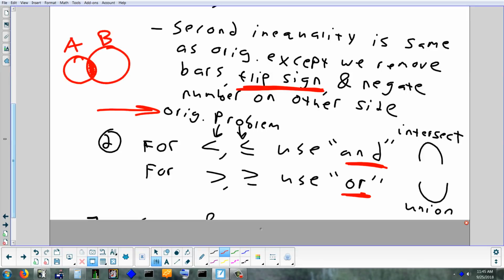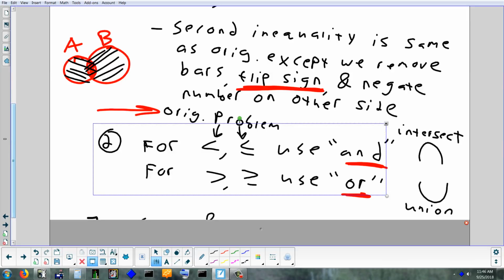So if I said shade in what's in A or B versus A and B, you could shade in what's in A, or what's in B, or both. So what's shaded in black is A or B. That's where those symbols come from. But if you can remember and or, that's what I'm going to look for in the final answer.